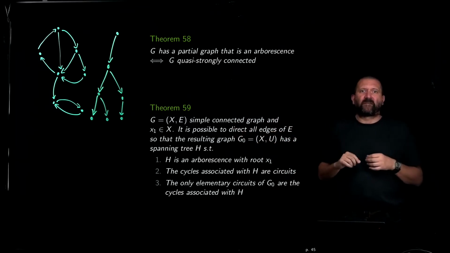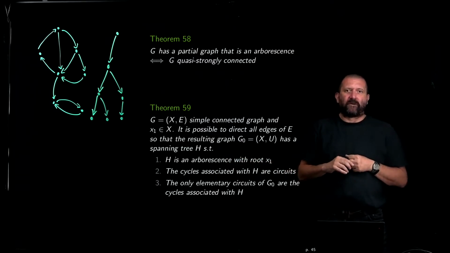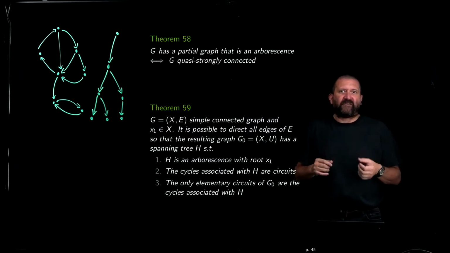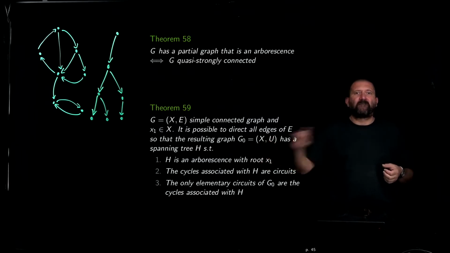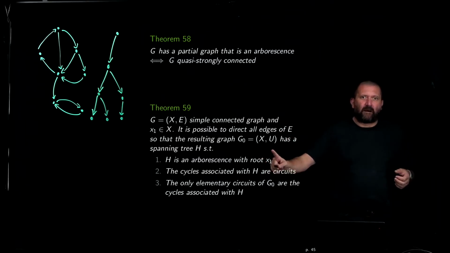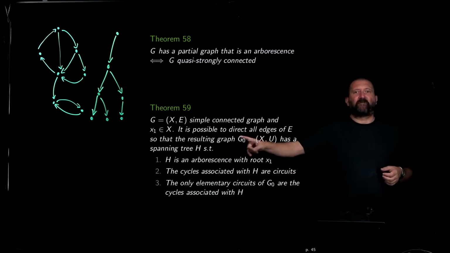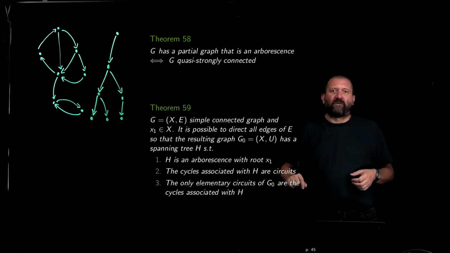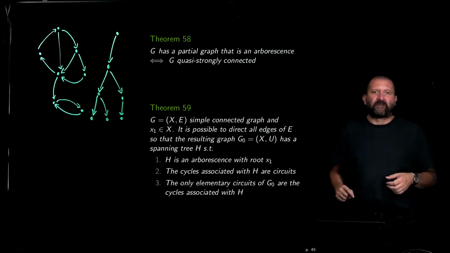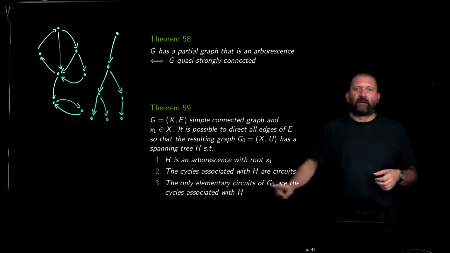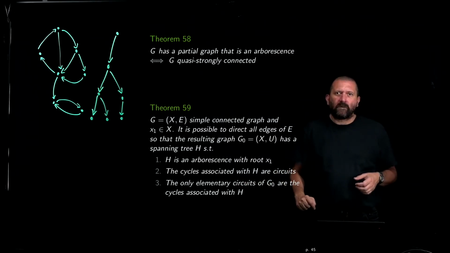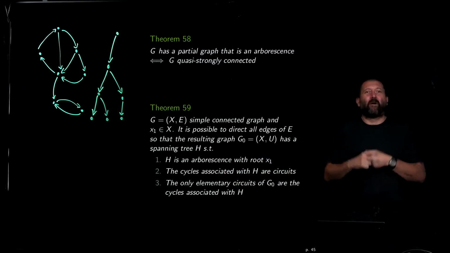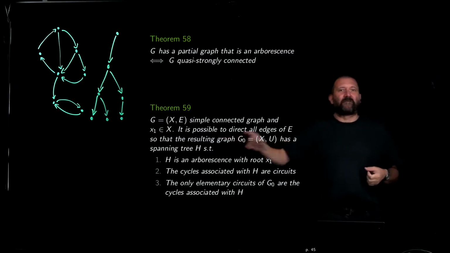So if I have a simple connected graph and some vertex in there, I can direct all edges in the edge set in such a way that the resulting graph, G0, which is now a directed graph, has a spanning tree that is an arborescence with that root x1, and the only elementary circuits of G0 are the cycles that are associated with this spanning tree.